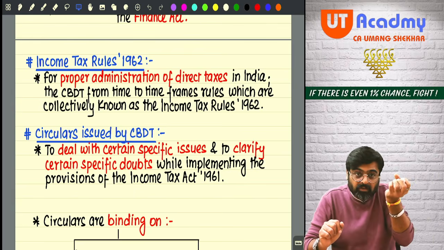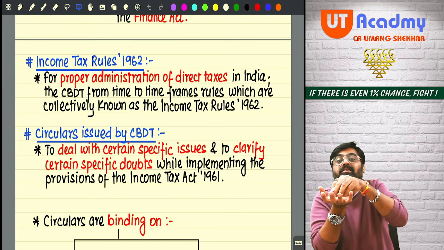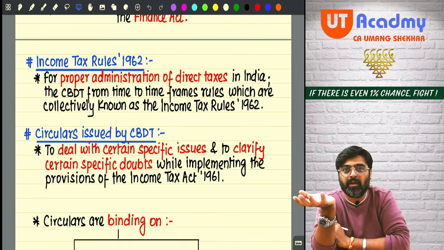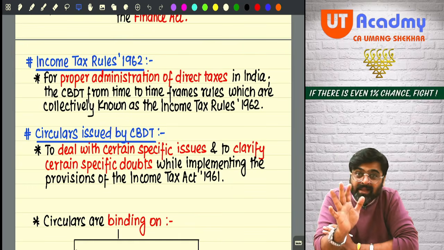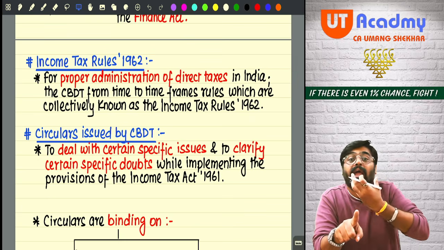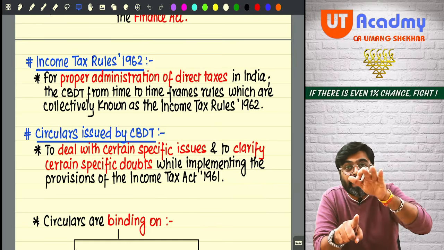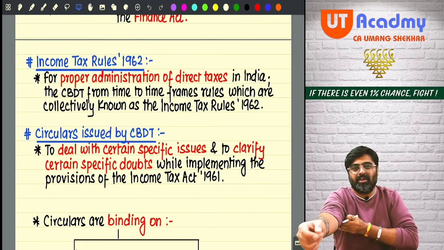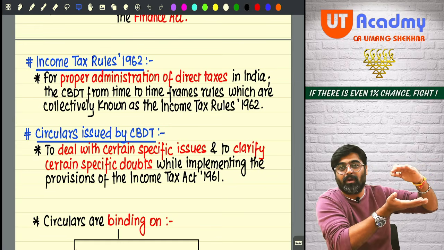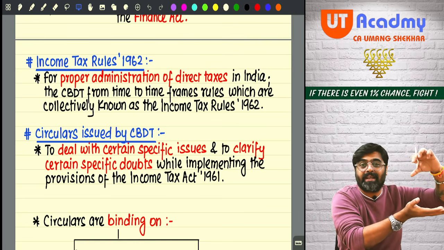So if the rules are followed, only then can the depreciation provision be followed. So to make the assessee follow a particular provision, rules help to follow that provision. There is a separate rule book, and that rule book is known as the Income Tax Rules, 1962.